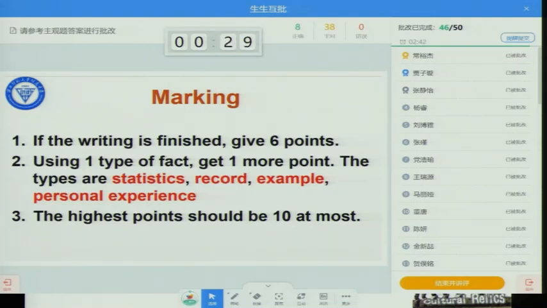Now you have to decide what points you are going to give to your classmates. In 20 seconds, you are going to tell me.